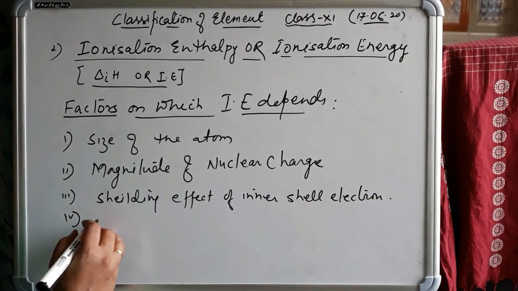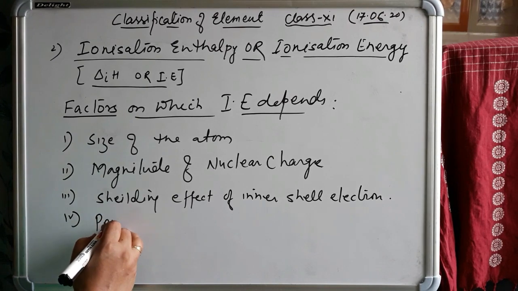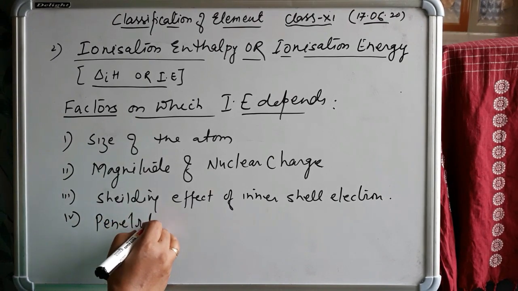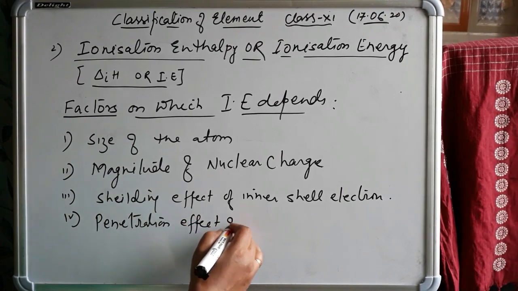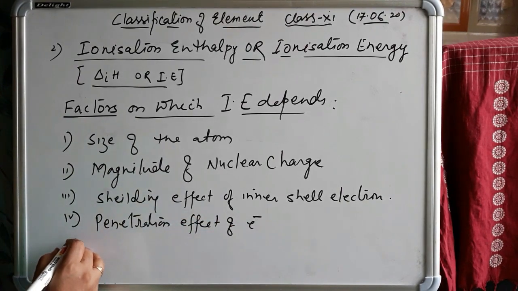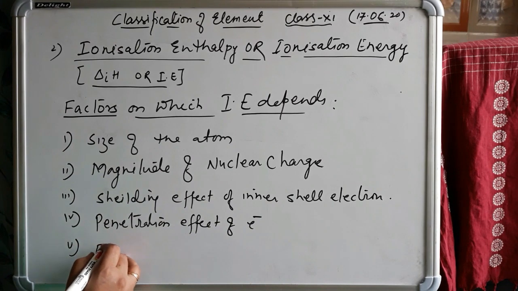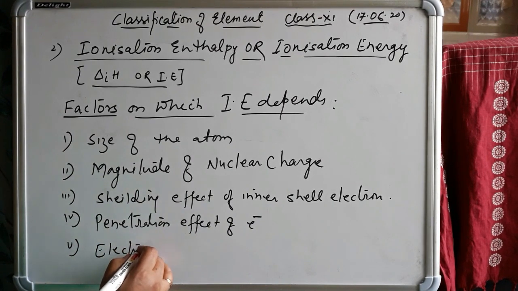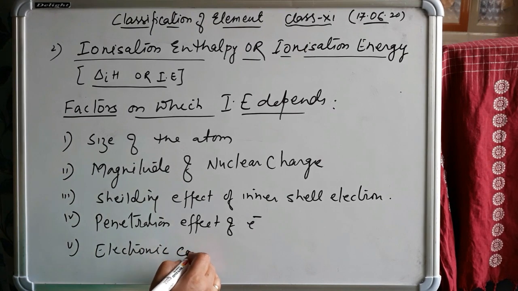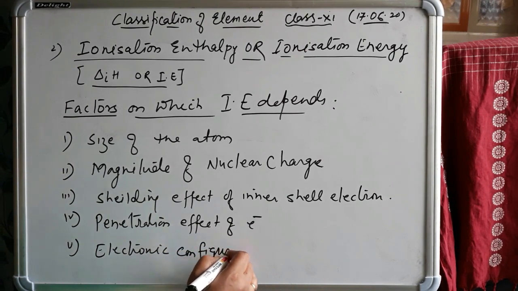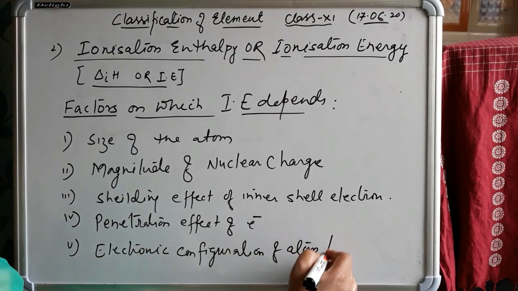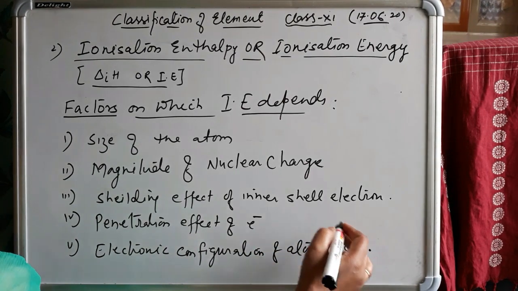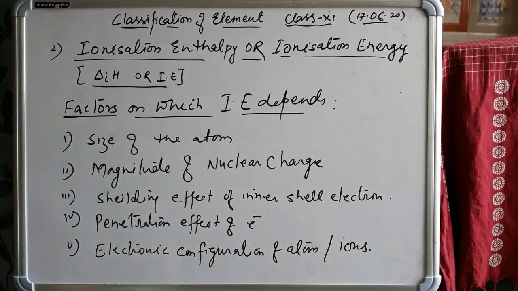Number 4, penetration effect of electrons. And last, the electronic configuration of atoms or ions. These are the factors on which ionization enthalpy depends.